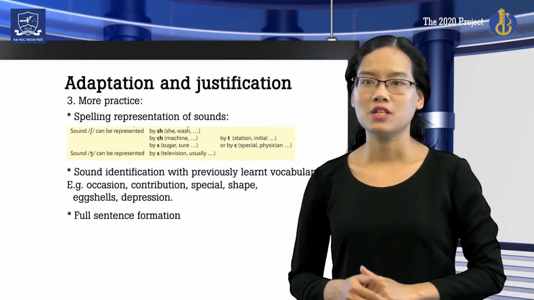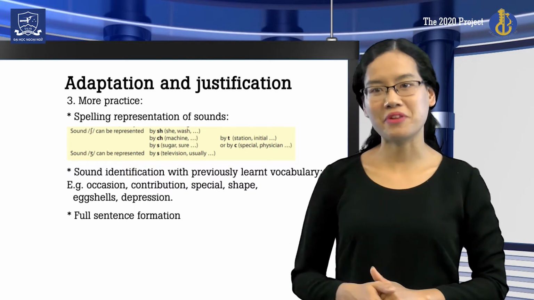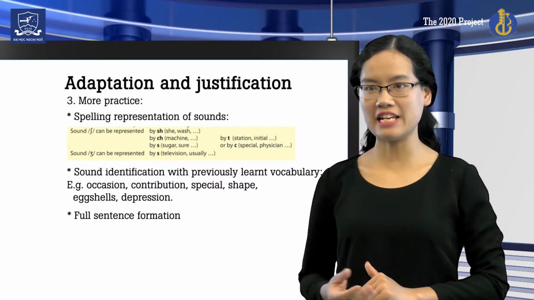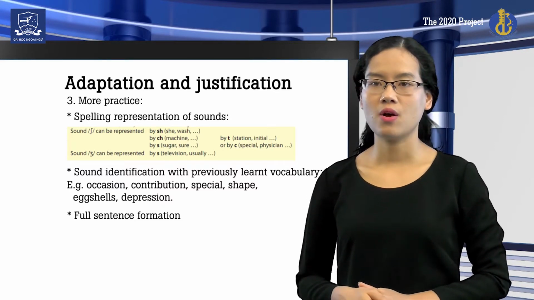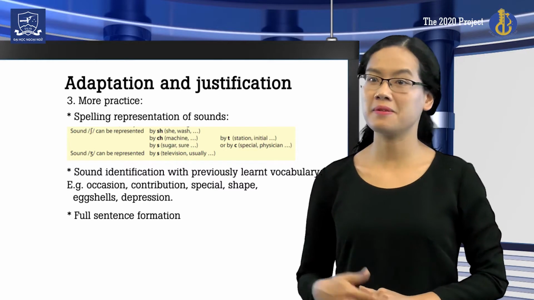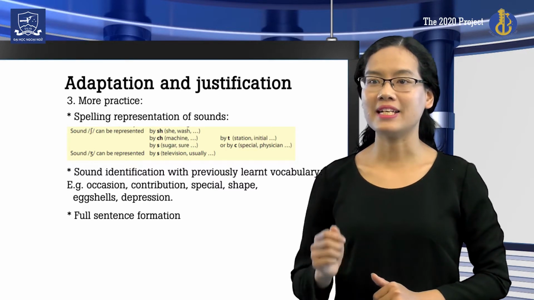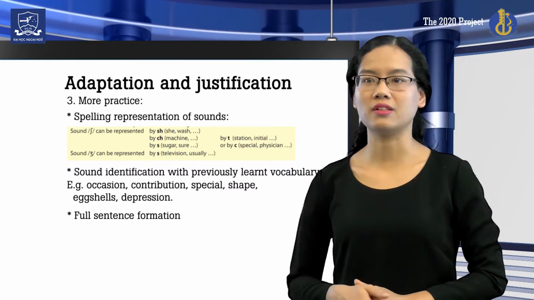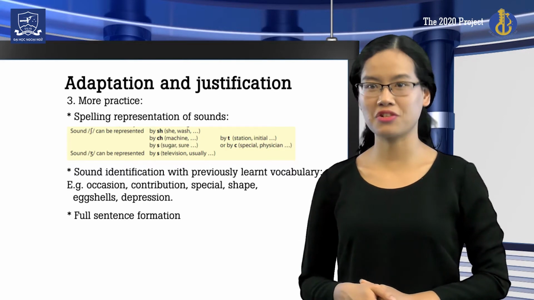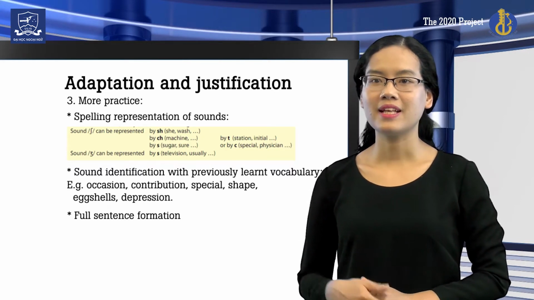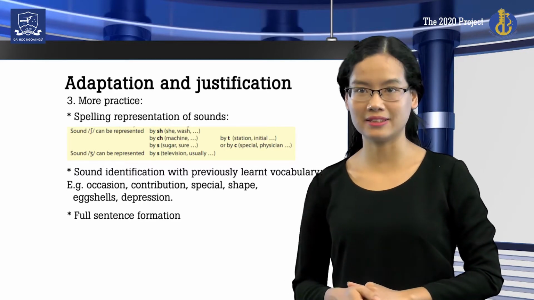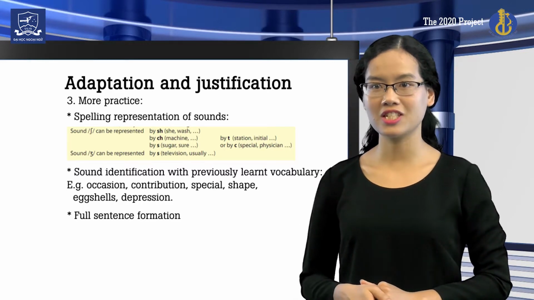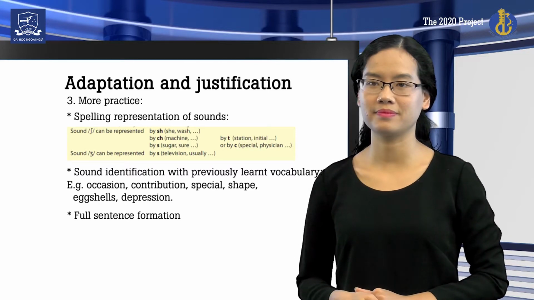For example, the sh sound can be represented by sh in she or wash, by ch in machine, by s in sugar or sure, etc. The next thing the teacher might do is letting students practice with some words learned in the previous lesson.